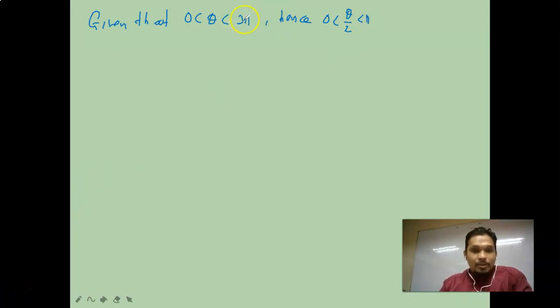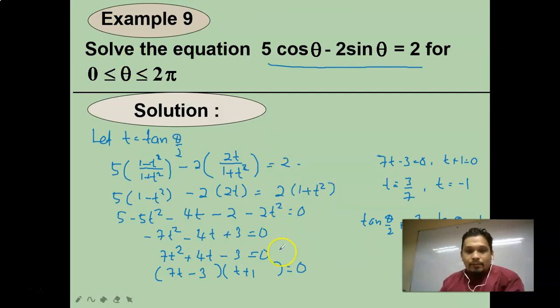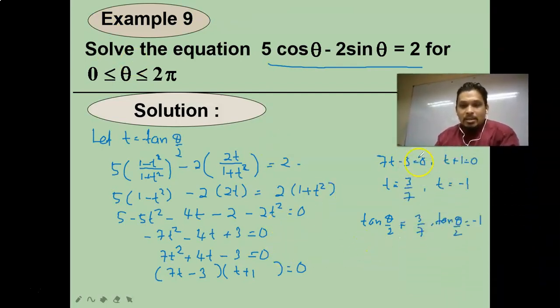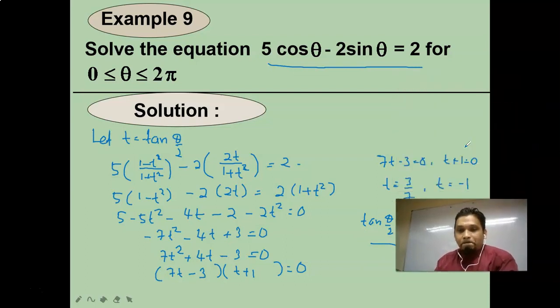Okay, now just now we got two equations. The first is tangent theta over 2 equals 3 over 7 and tangent theta over 2 equals negative 1.